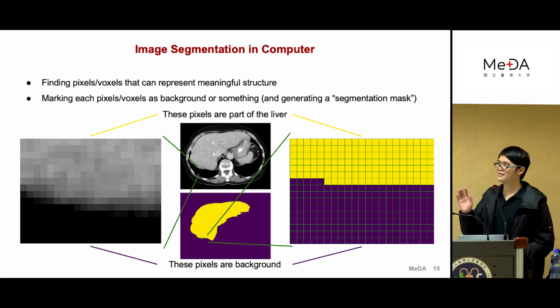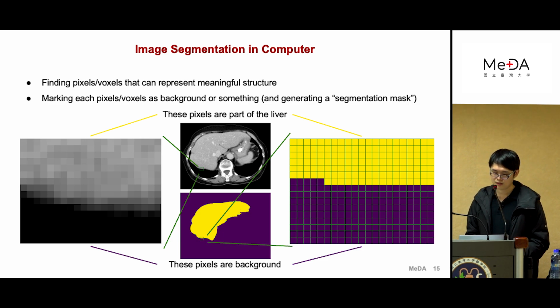Okay, so what does segmentation mean again? In a computer, image segmentation means we know each pixel has its value, and we want to use this value to decide whether your area of interest is inside this pixel, like which pixel represents liver and which pixel represents background.